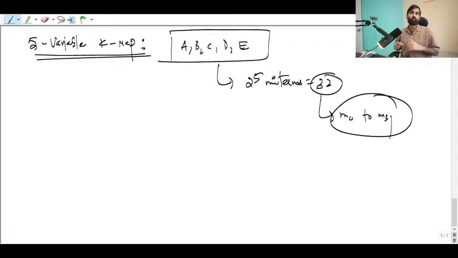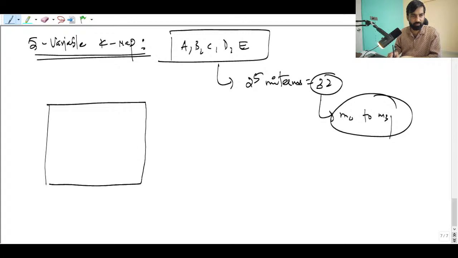So if you want a 5 variable K-map and you need 32 min terms to indicate on the K-map, what you have to do is take two 4 variable K-maps and draw them adjacent to each other like this.